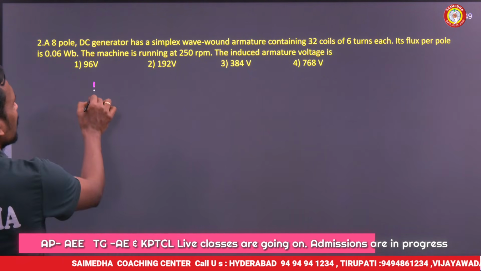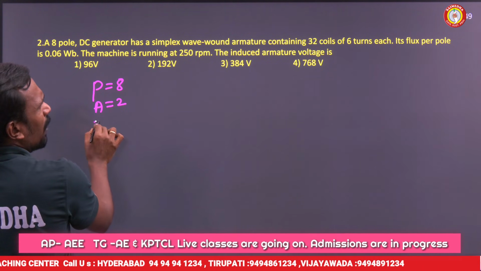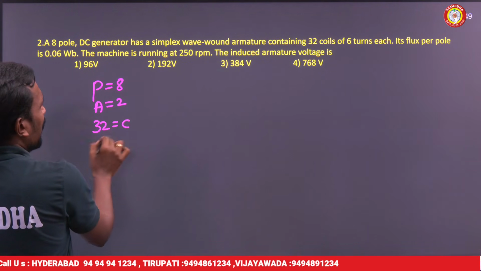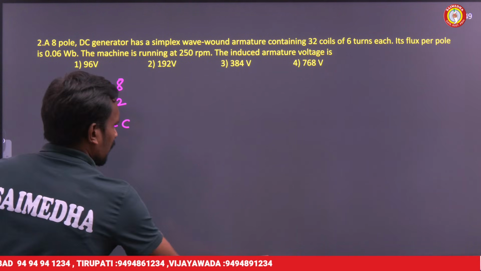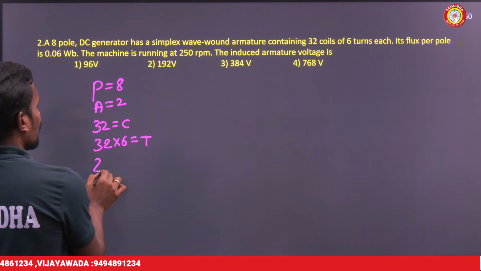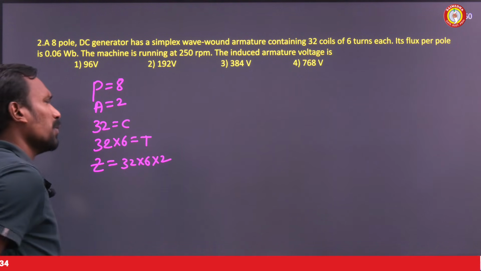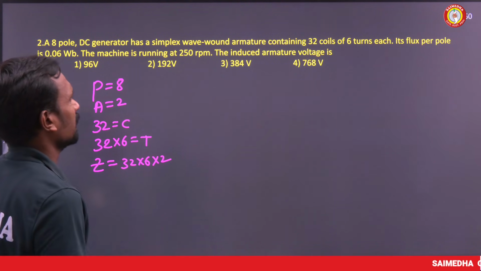An 8-pole DC generator has simplex wave winding, 32 coils of 6 turns each. Nothing but the number of conductors is equal to 32 into 6 into 2, because every turn has 2 conductors.